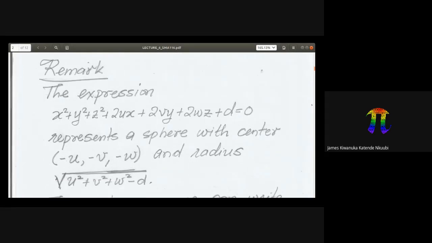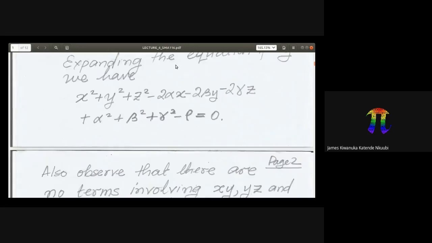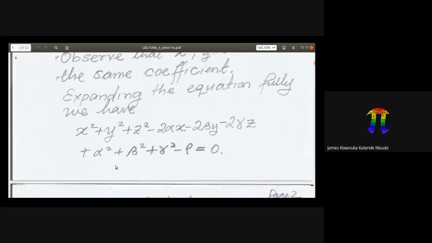So you can simplify. If you look at this equation up here, you have x squared plus y squared plus z squared. Then you have some expressions in terms of x, y, and z here. And then what is left here is just a constant, right?